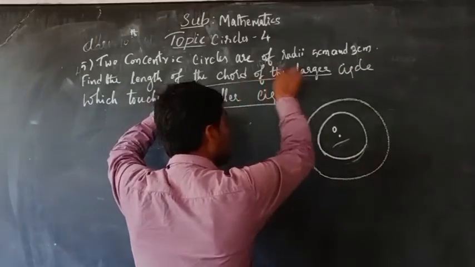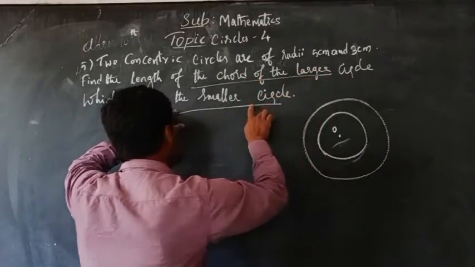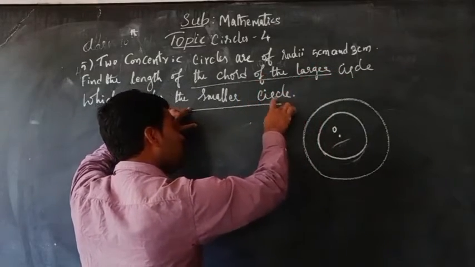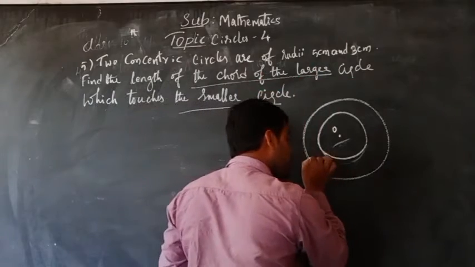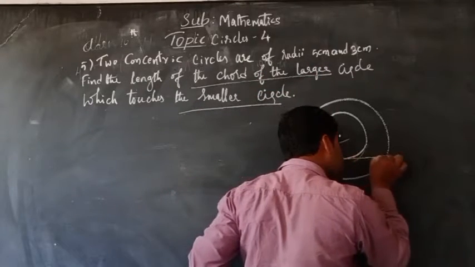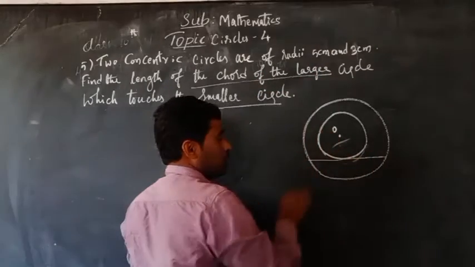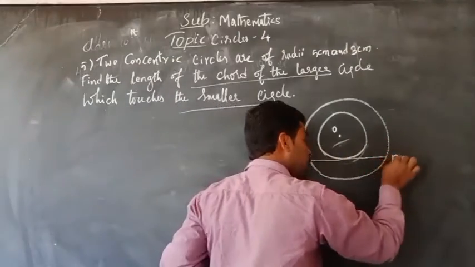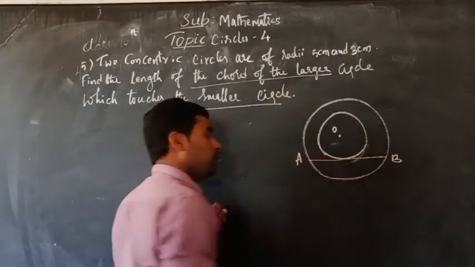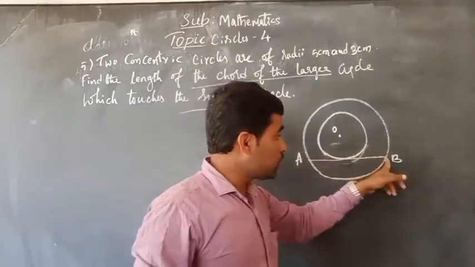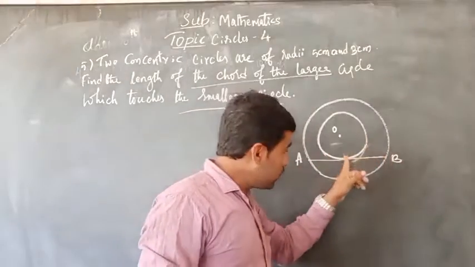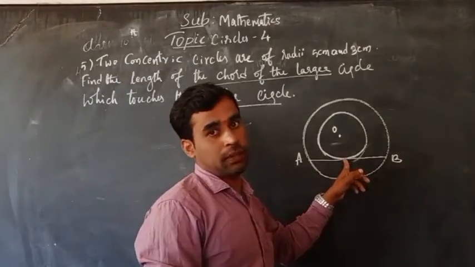So I'll write the chord, which should touch the smaller circle. Here I'll take AB. AB is the chord of the larger circle and it also touches the smaller circle.